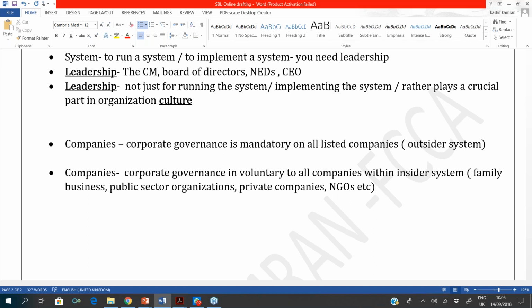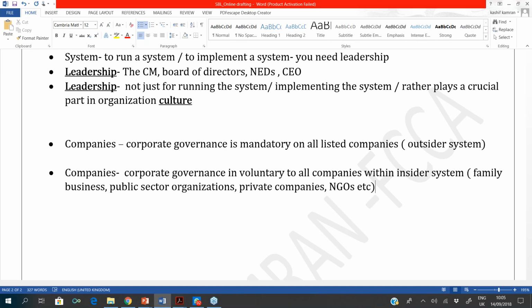The moment your share starts to get traded at the stock market, you become an outsider system. But if a family business has no trading at the stock market, then it is an insider system.